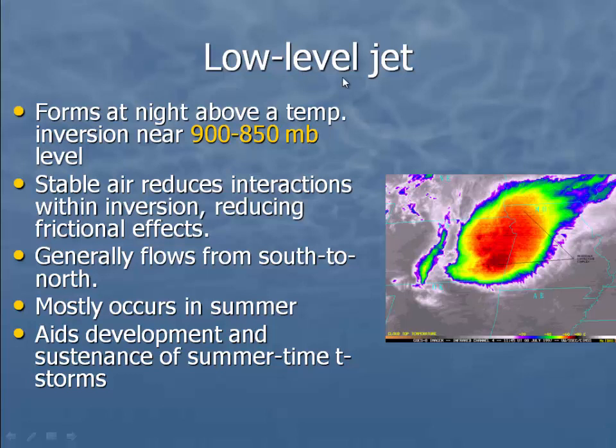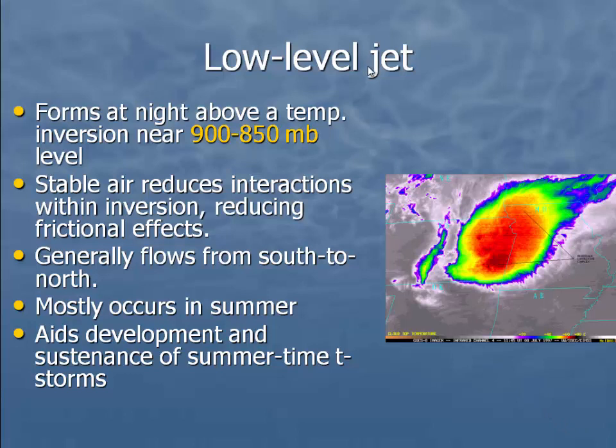The interesting thing about the low-level jet is that it does not flow west to east. It actually flows from the south to the north. So it is a southerly jet stream that transports moisture from the Gulf of Mexico northward into the north central plains, places like North Dakota, South Dakota, Iowa, Missouri, and into Illinois. So the low-level jet stream is a very interesting phenomenon.